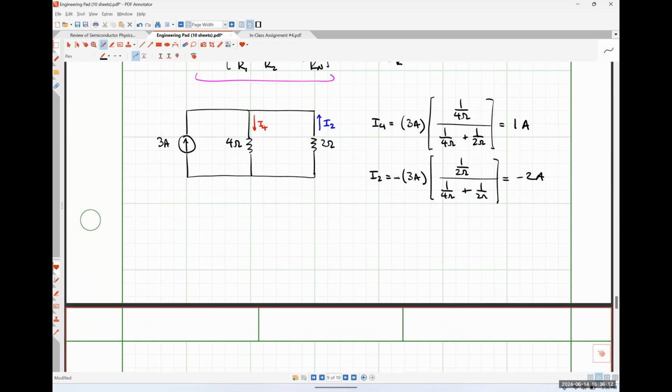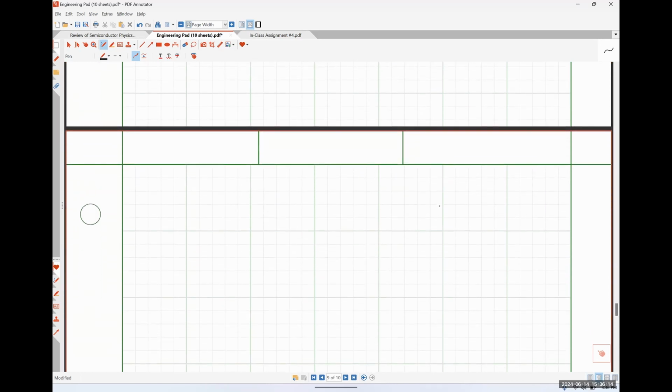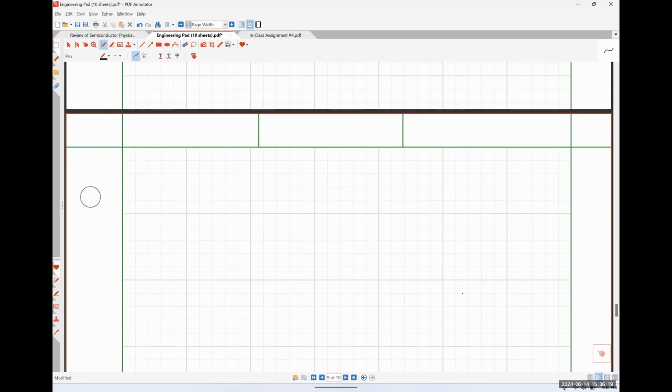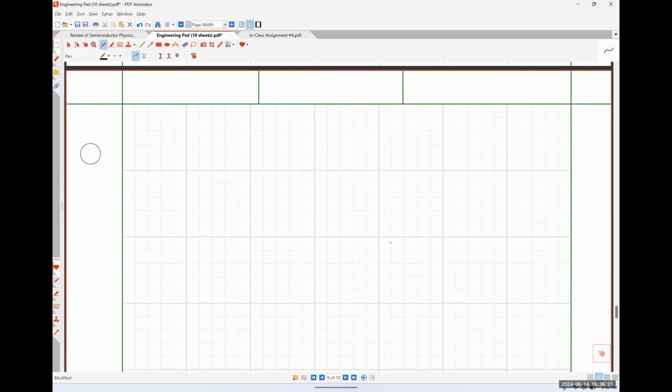Now let's look at something a smidge more complicated that looks incredibly similar to something that's going to pop up in the in-class assignment here in just a moment. So let's say that I have a 5 amp current source connected in series to a 3 ohm resistance.